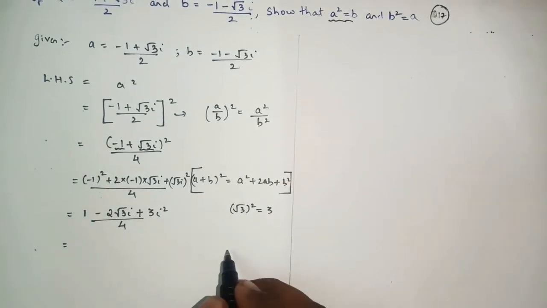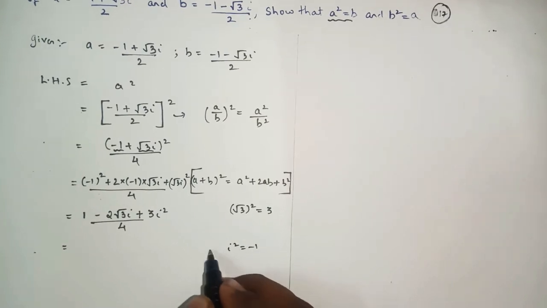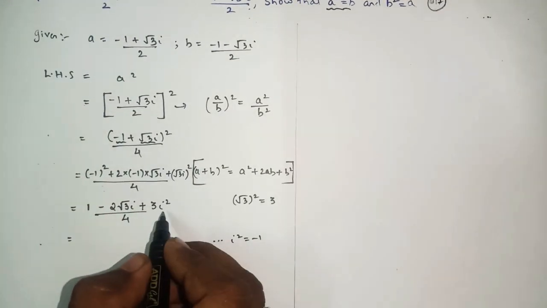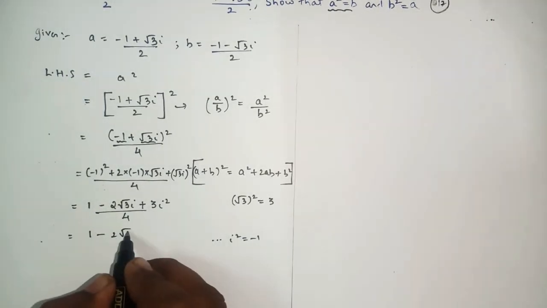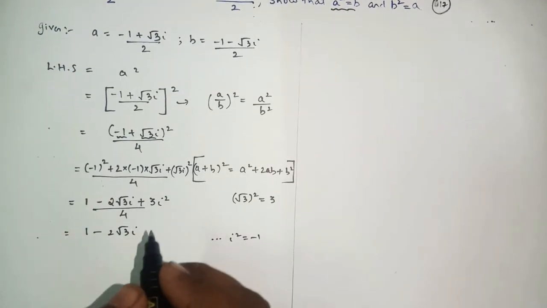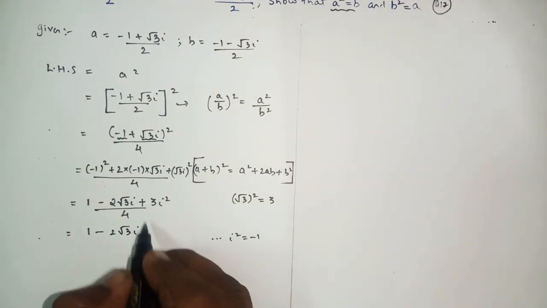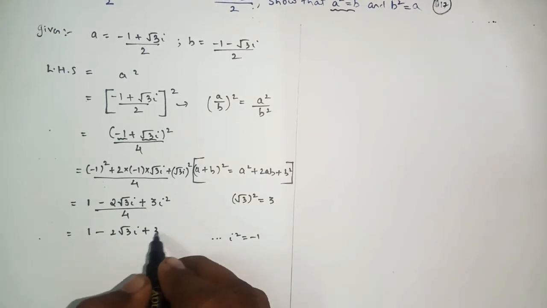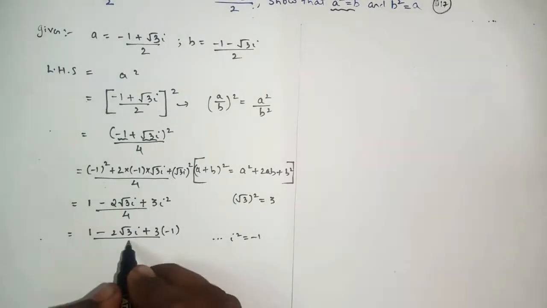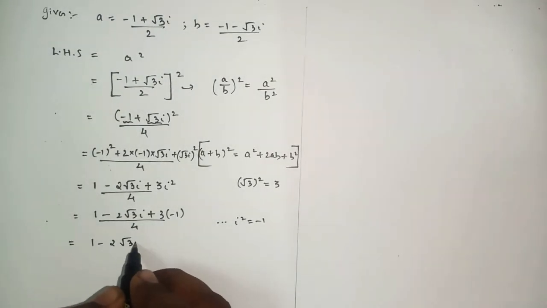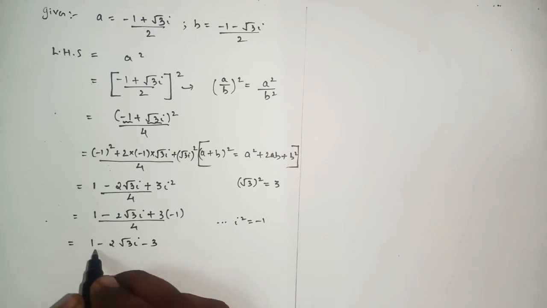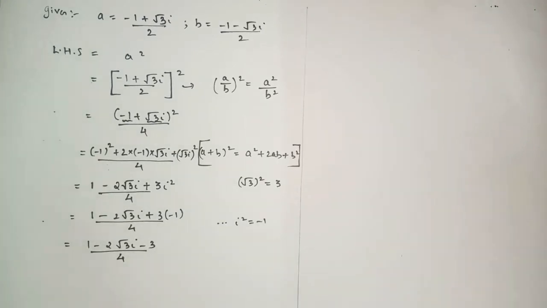In the next step we know that i square value is -1. So we'll replace this i square by -1. So here you will get 1 minus 2√3 i. I square is -1, so here already we have plus. So in the next step you will get 1 minus 2√3 i minus 3, upon 4.